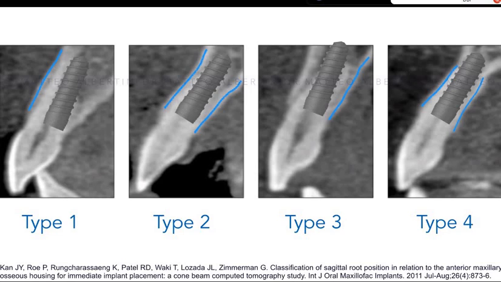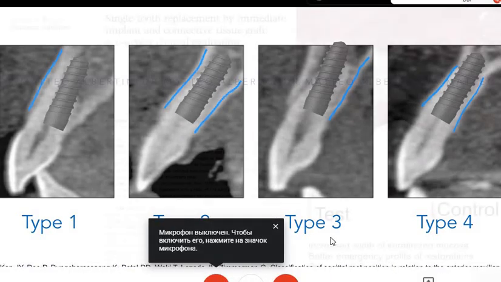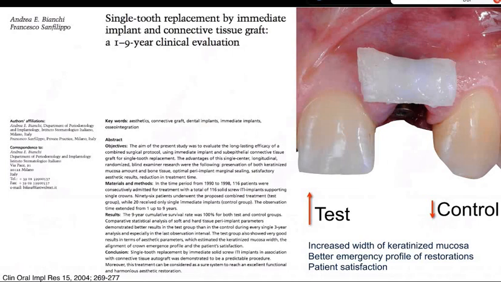And even type 3 is restorable, but we have to avoid putting immediate implants in type 4, in which we have both cortical bones, buccal and palatal, very close to the implant. So, about soft tissue grafting at immediate implants, we have some papers.